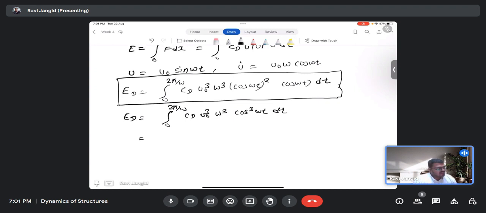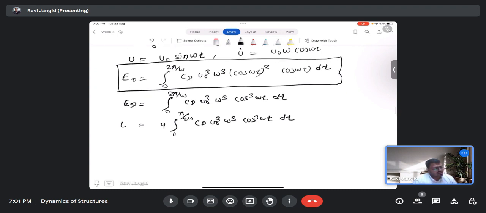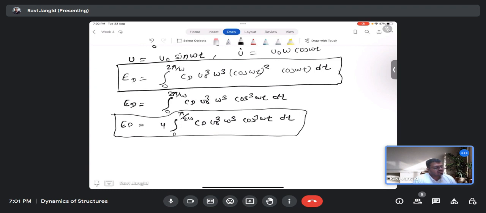So I can write it as 4 times the integral from 0 to pi by 2 omega of cd u naught cube omega cube cos cube omega t dt. This is for the even function.